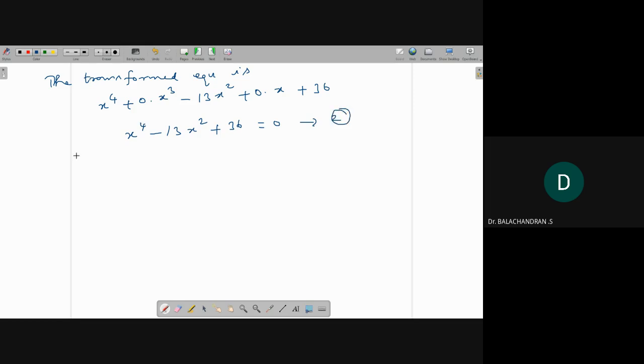Okay, now you can solve directly. So put x square equal to t in 2. So you have t square minus 13t plus 36 is equal to 0. So this is t minus 9 into t minus 4.